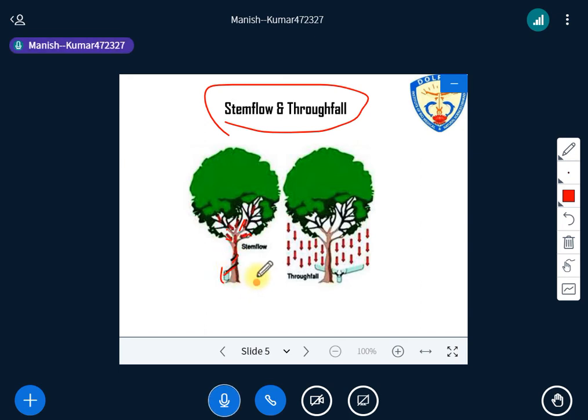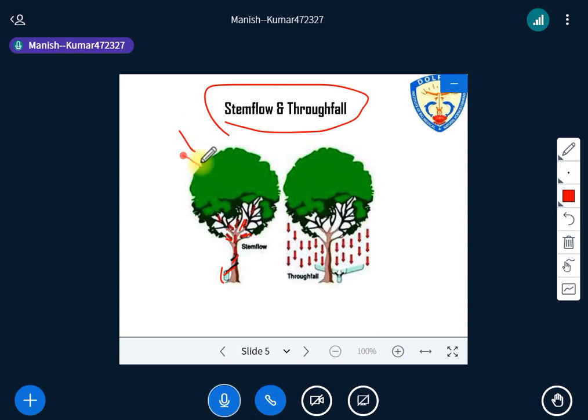That is stemflow. If you have to say what stemflow is, looking at the image, it is a redirection of water, right? The tree redirects the water through the branches and stem, right?